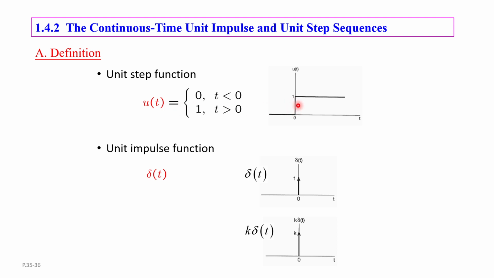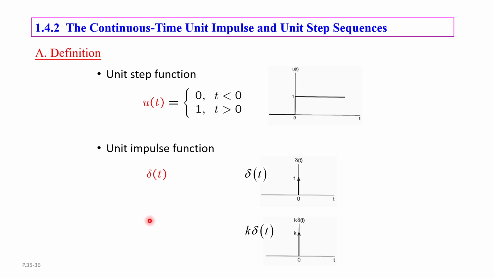Someone defines it as 1/2, someone as 1, someone as 0, but it doesn't matter in our application. I don't think it matters what u of t is at t equal to 0, but I guess I'll say u of 0 equal to 1/2, just for symmetry.